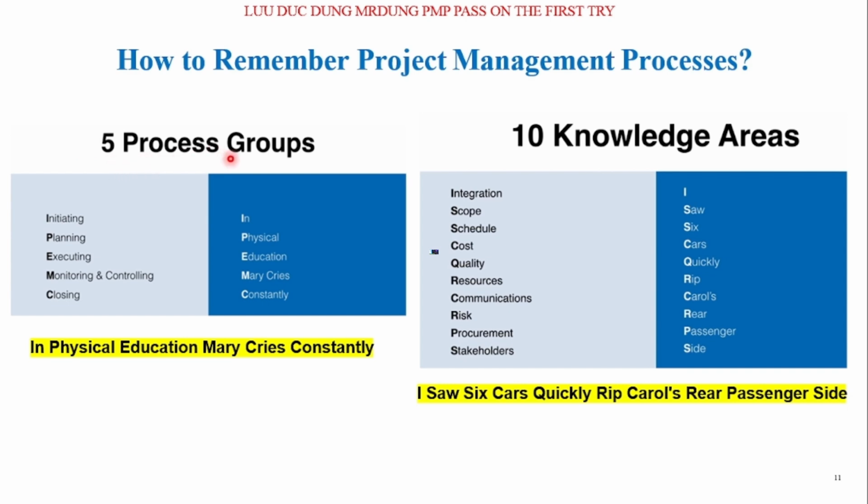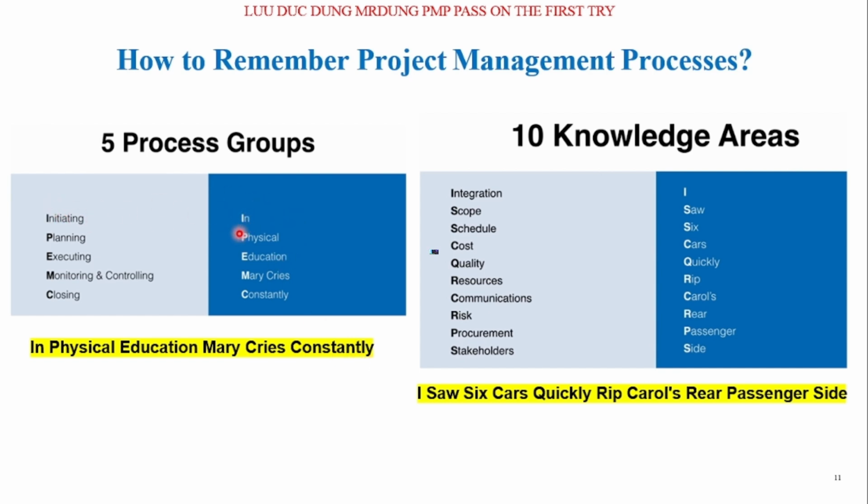For the 5 process groups, I think there is no need for a tip because it's very easy to understand: initiating, planning, executing, monitoring and controlling, and closing. But if we need to remember, we can remember another sentence, like in physical education, Mary Curie constantly.